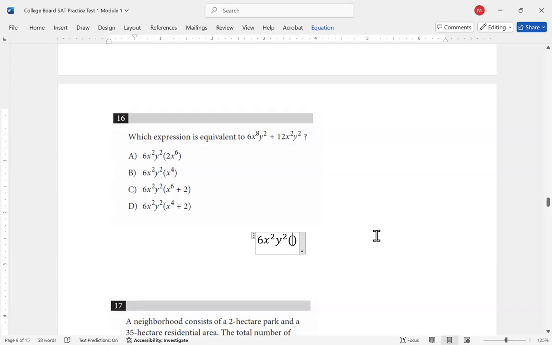If I factor that out of this expression, then each term can be divided by 6x squared y squared. If I do that, I'll be left with x raised to the 6th power, because x to the 8th divided by x squared is x to the 6th.